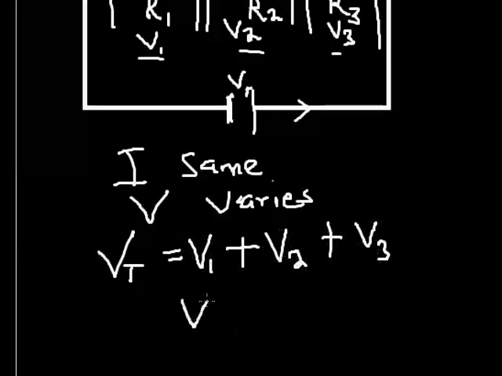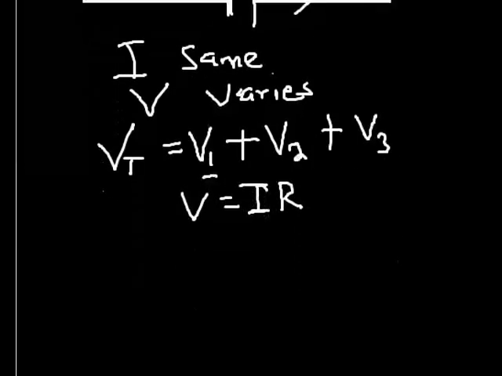Remember Ohm's law. According to Ohm's law, V is equal to IR. I hope you can still remember this. And don't forget that the current is the same. Current across all of them is the same. Okay, so now I have to substitute.